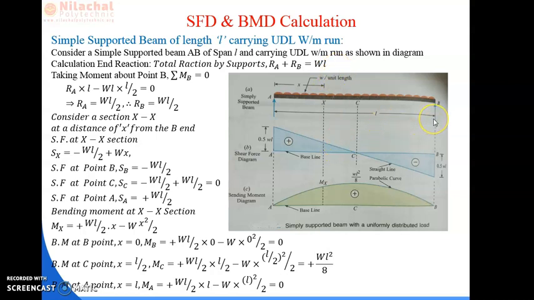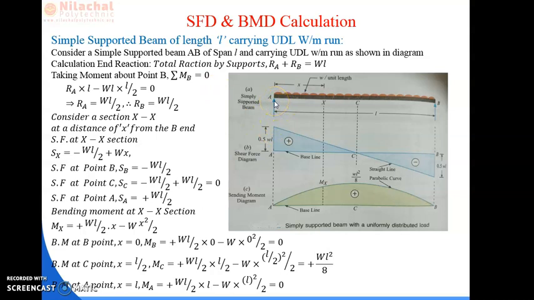For finding out either Rb or Ra, we have to take the moment about B equal to 0, or about A equal to 0. For the equilibrium case, the summation of moment about B point is equal to 0.